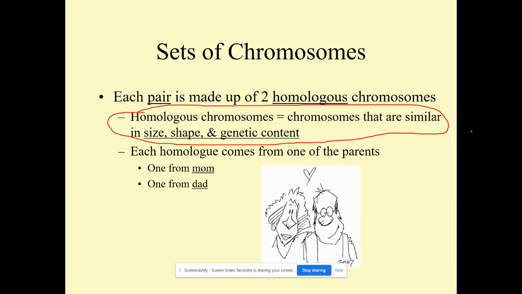You got one from your mom, one from your dad, and the pair is called homologous. The term homo is used a lot in biology: homozygous, homologous. It means the same. So the chromosomes are the same size, same shape, same genetic content.